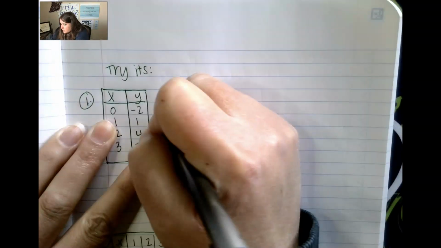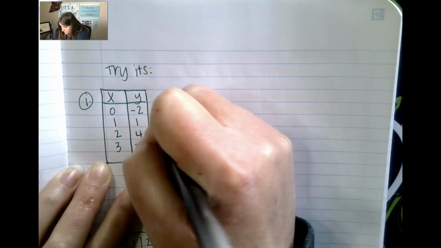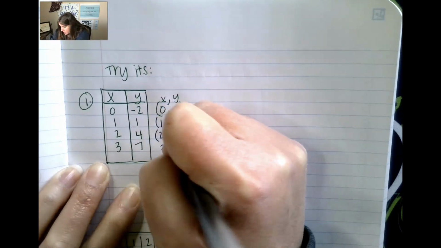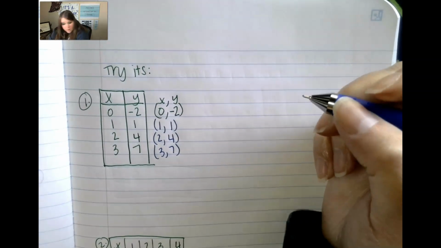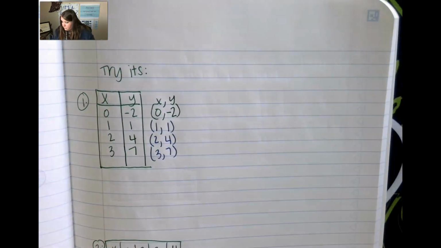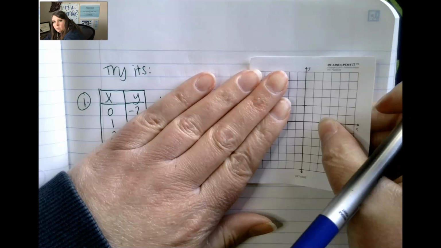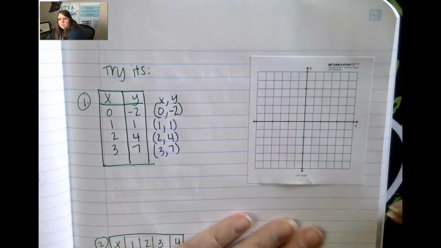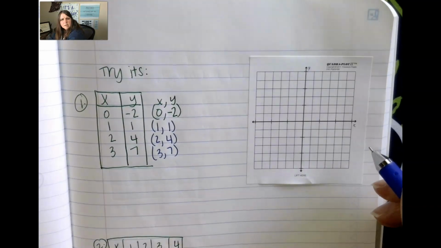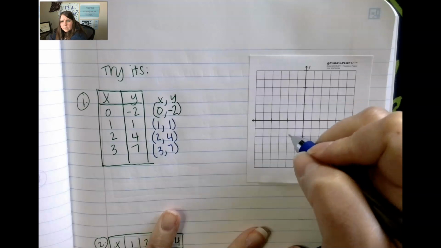All right, so this one is 0, -2, 1, 1, 2, 4, and 3, 7. Let's go ahead and graph this now. I'm just going to use these sticky notes that are already created. So 0, -2.